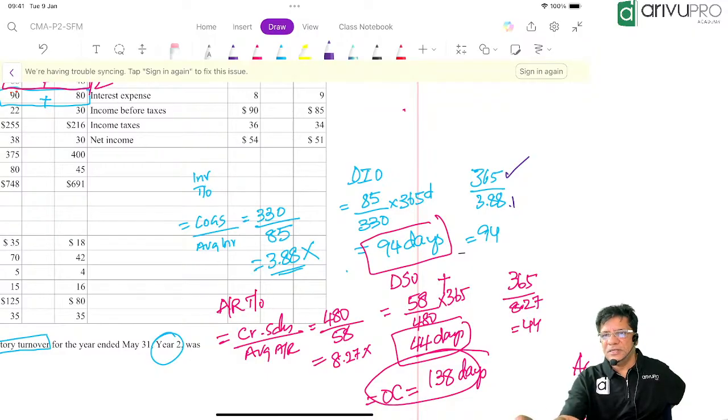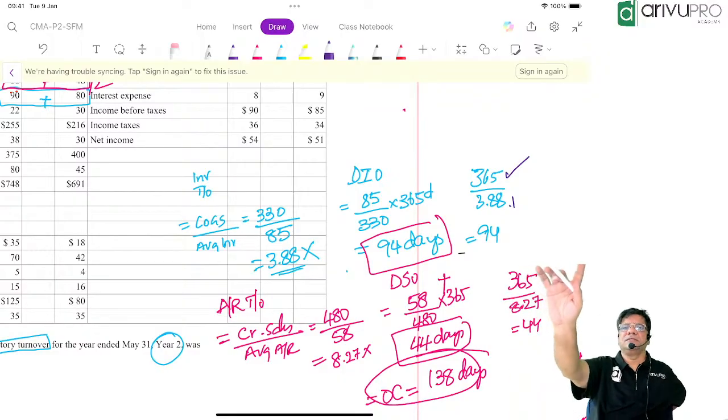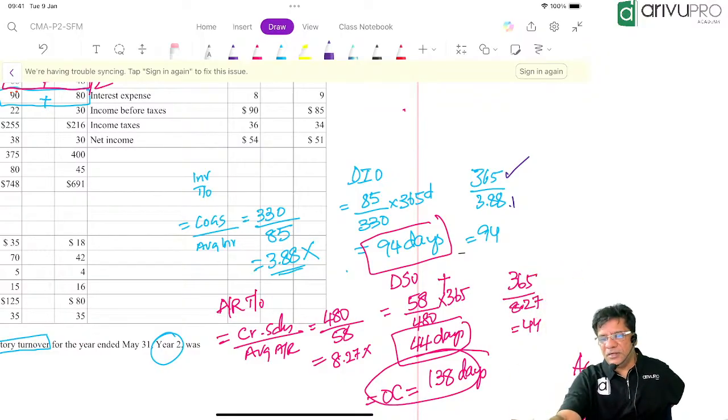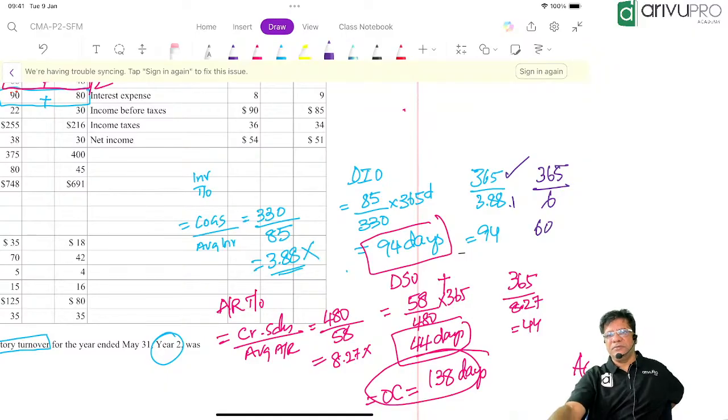Denominator I should increase or decrease? To decrease 94 days. Increase. So, if the denominator, let's say, is 6, 365 by 6, how much? 60 days. 34 days you are reducing, no?